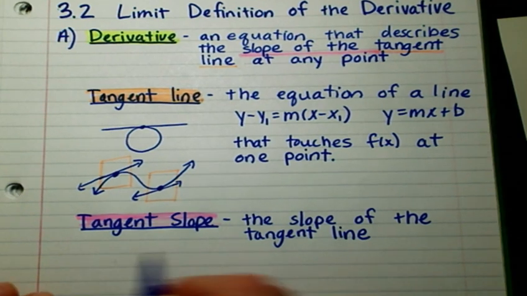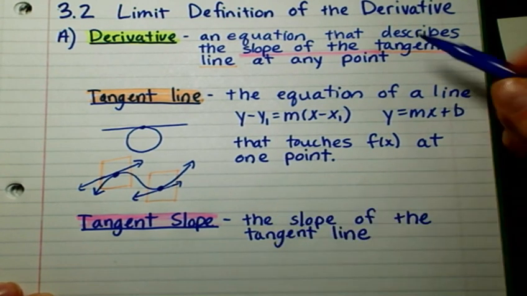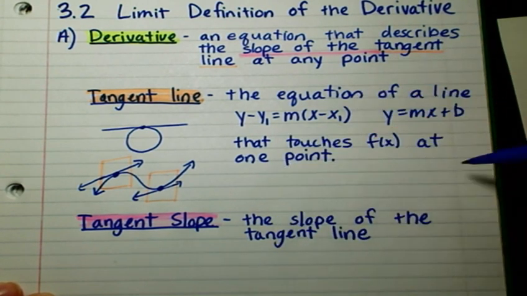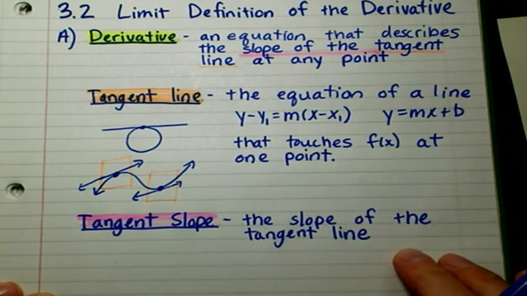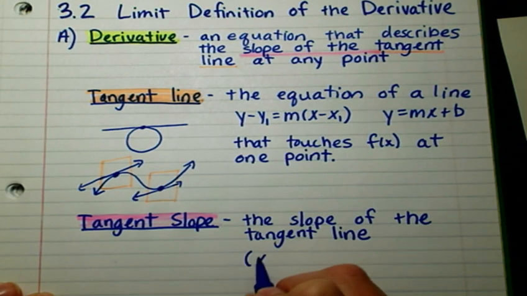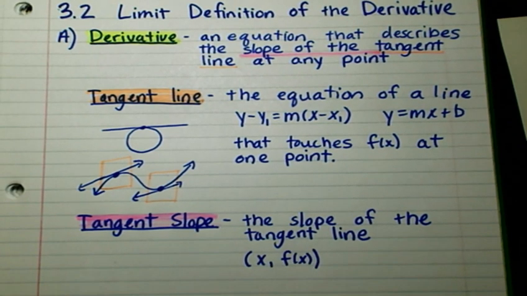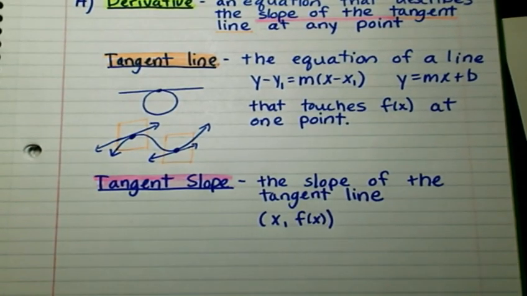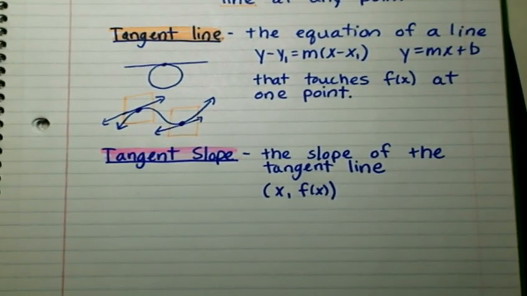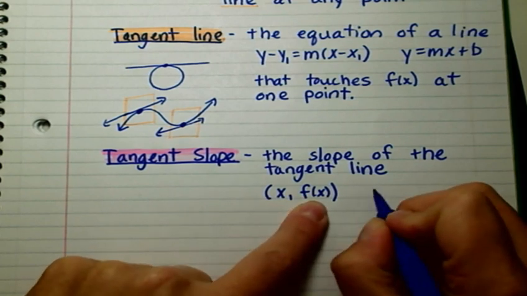Okay. So I'm going to write down, right? So tangent line touches at one point, slope of the tangent line. So what I want to do is write the equation of slope. But I'm going to write down the one point. Okay, so we have one point. This is x and this is y.